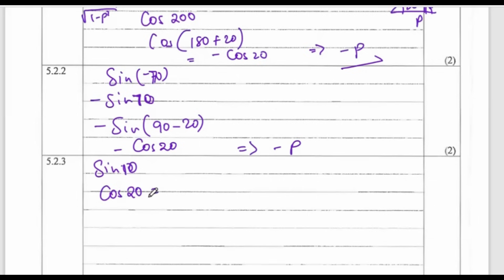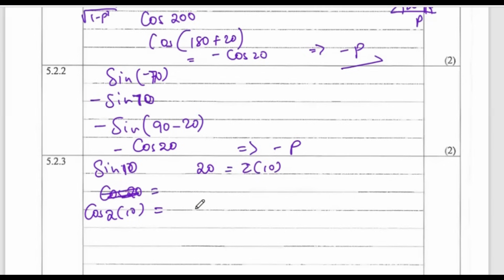And then I have to reduce this. Know that cos of 20, but let me just say that 20 is the same as 2 times 10. Okay, I just want to look at cos 2 times 10, the double angle of cos.